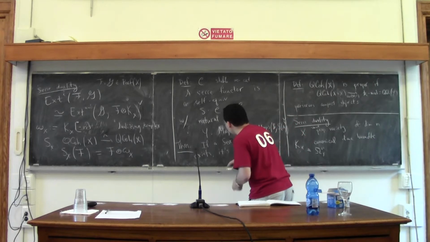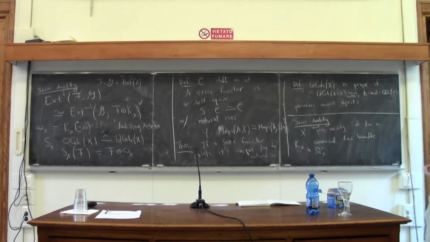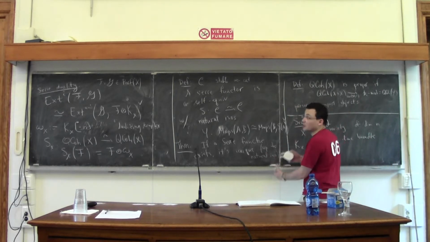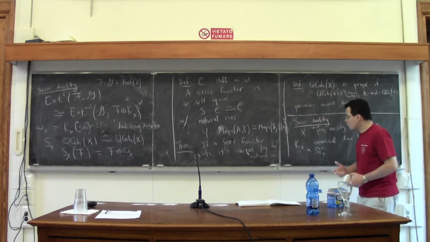It's not a terribly difficult thing to prove, but you have to play with these things. But anyway, the point is, there's an intrinsic characterization of Serre duality purely in terms of the category.